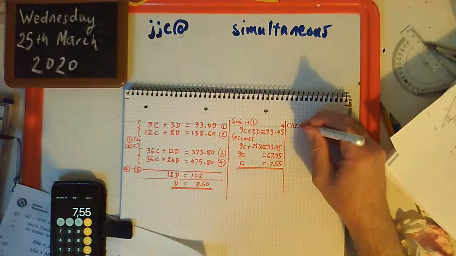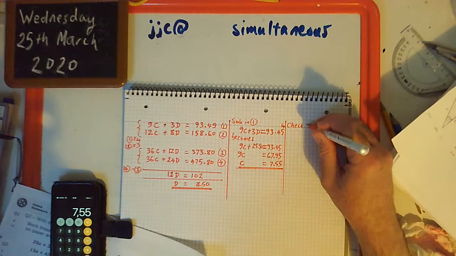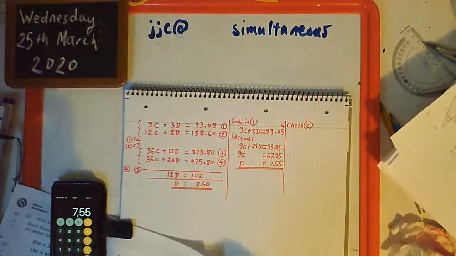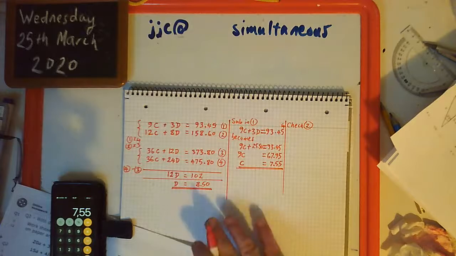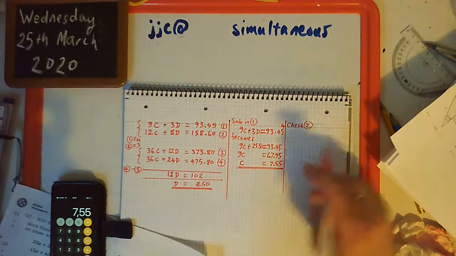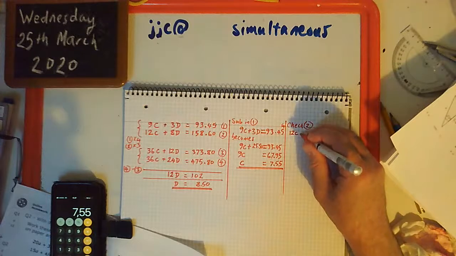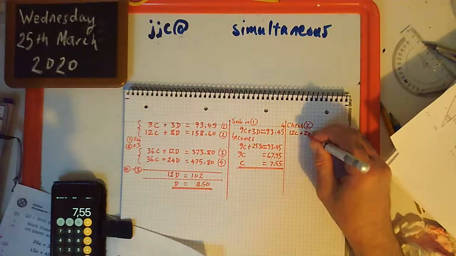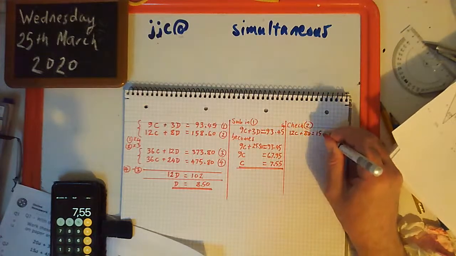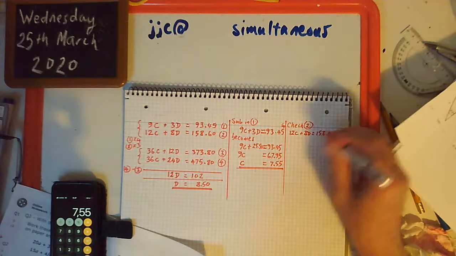So I'm trusting that that's the answer, but, well, I'm not trusting that that's the answer, because I'm going to check it in equation 2. So original equation 2, 12C plus 8D equals 158.60.